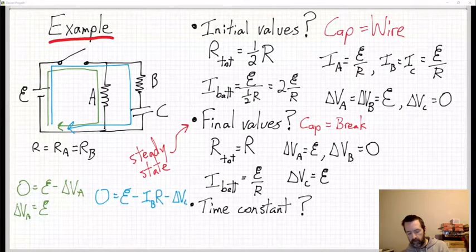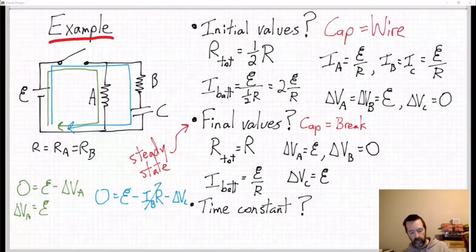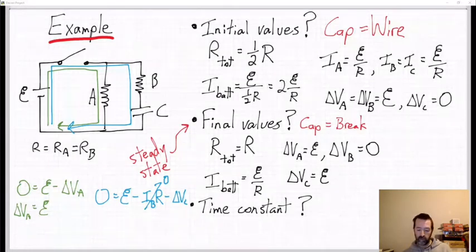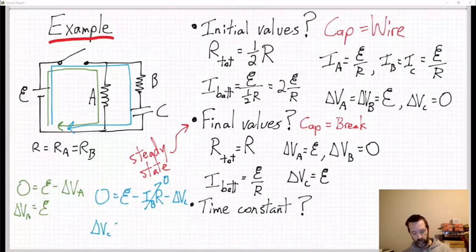But the current through resistor B is 0. So because that current is 0, delta V for resistor B is 0, which I wrote earlier. And therefore delta V for the capacitor must be equal to the EMF.